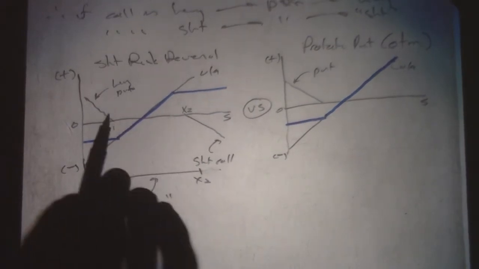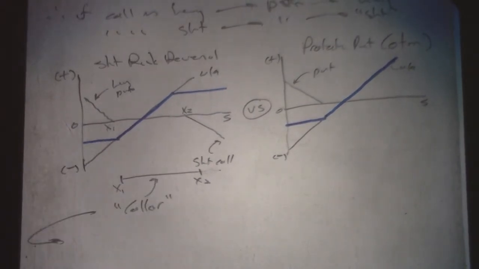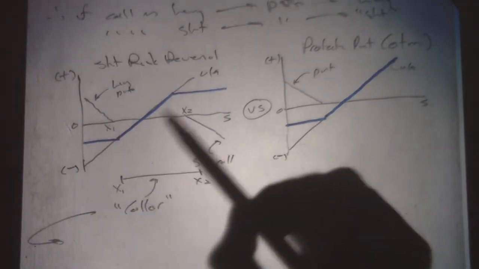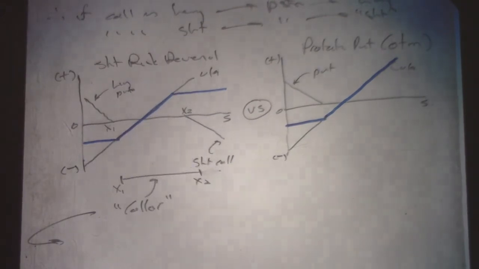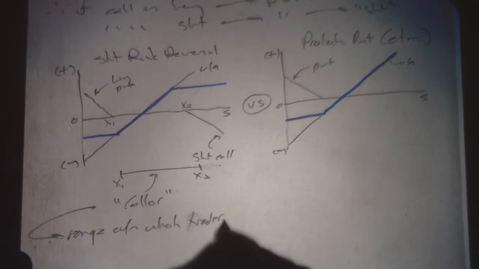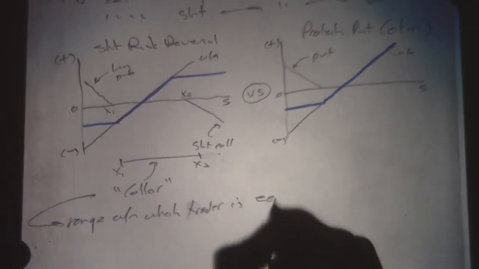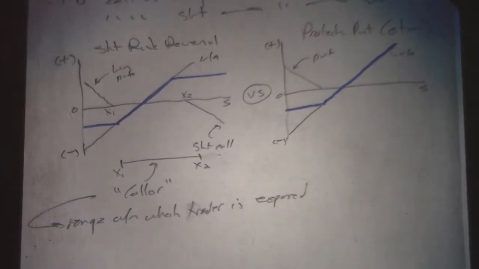It's the range within which I'm exposed. Check it out. What happened to gains and losses? It's going up and down. So the collar is the range within which the trader is exposed, okay?